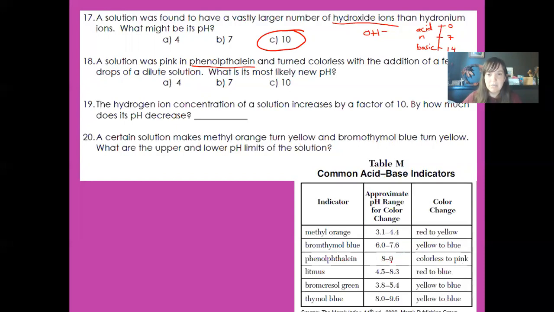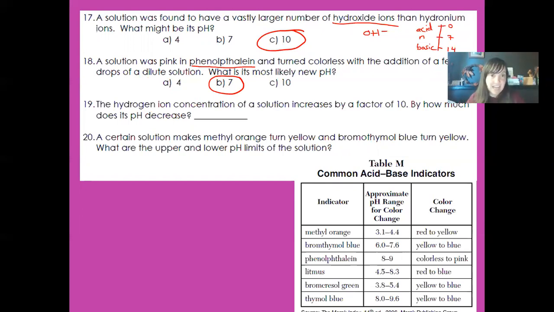So it was 9 or above, and now it's less than 9, 8 or below. So most likely, with just a few drops, it's probably neutralized at 7. If they said with the addition of many drops of a concentrated solution, then I might have picked 4, meaning, okay, they kept going and now it's really acidic.